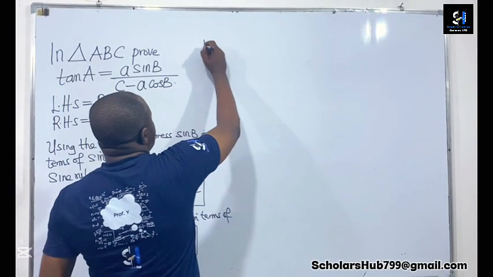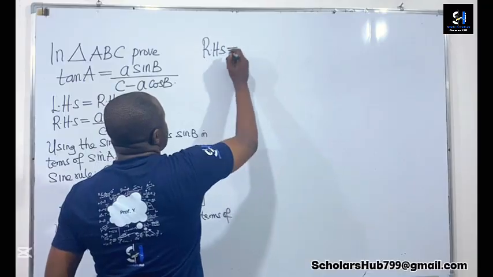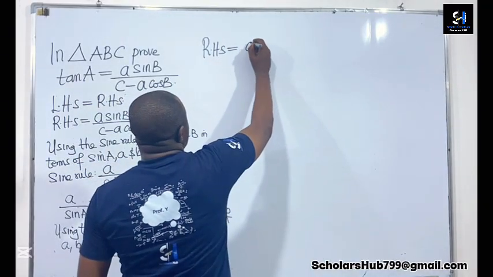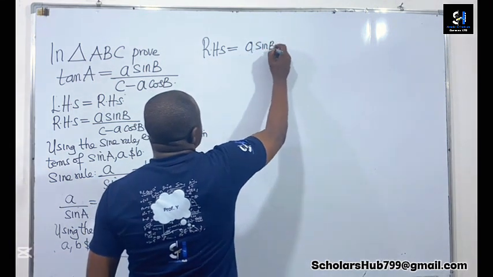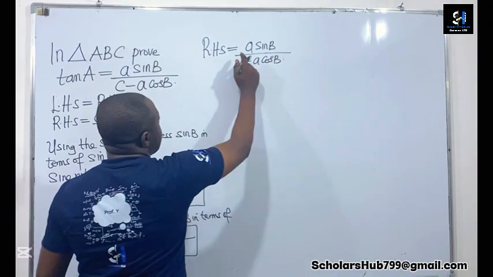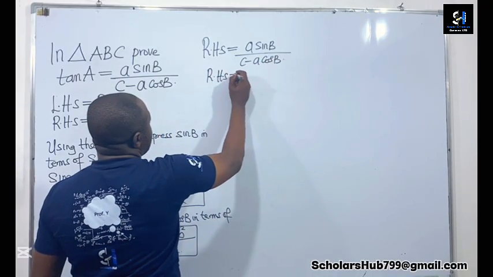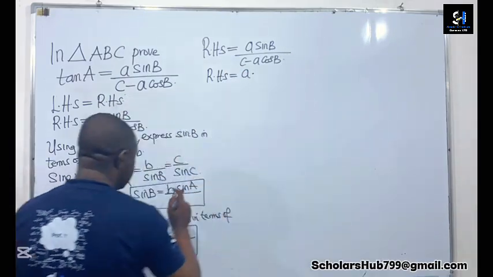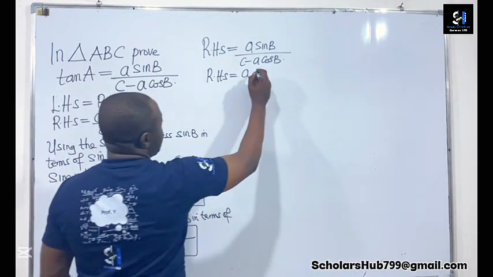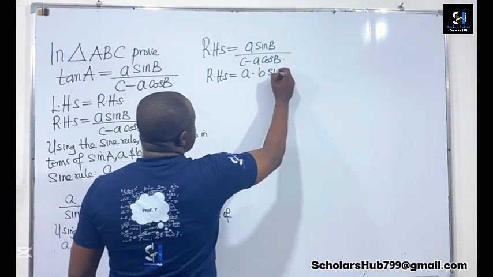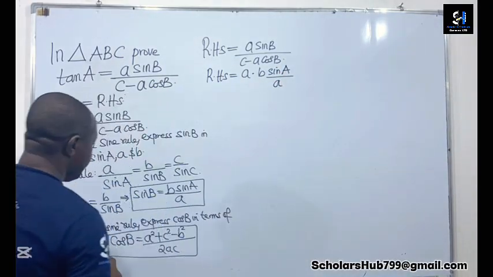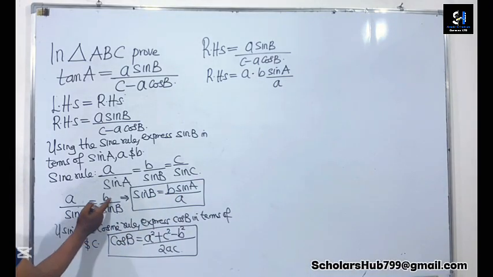That means our right hand side, a sin B divided by c minus a cos B, will be equal to a multiplied by sin B, and that's b sin A divided by side a. So we have b sin A divided by a, that is sin A times b.